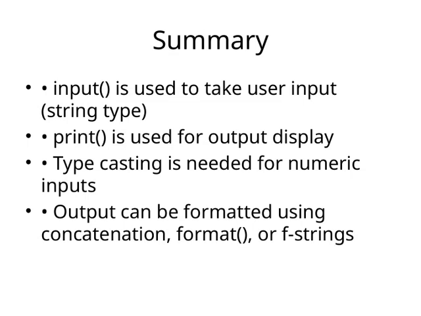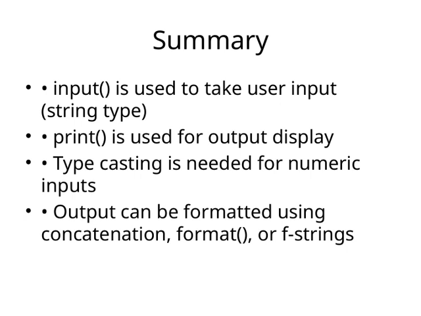All right, let's wrap things up with a quick summary. First, input is used to take user input, and it's always in the form of a string. So whenever you need data from the user, you use input. Next, print is what we use to display output, whether it's a message or a result. Now, if you're working with numbers, keep in mind that you'll need to do some type casting to convert those strings into numeric types like integers or floats.